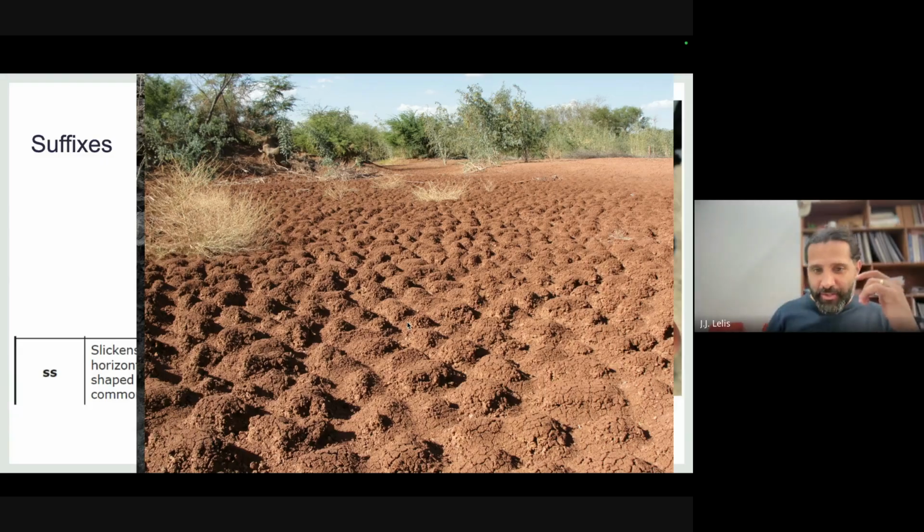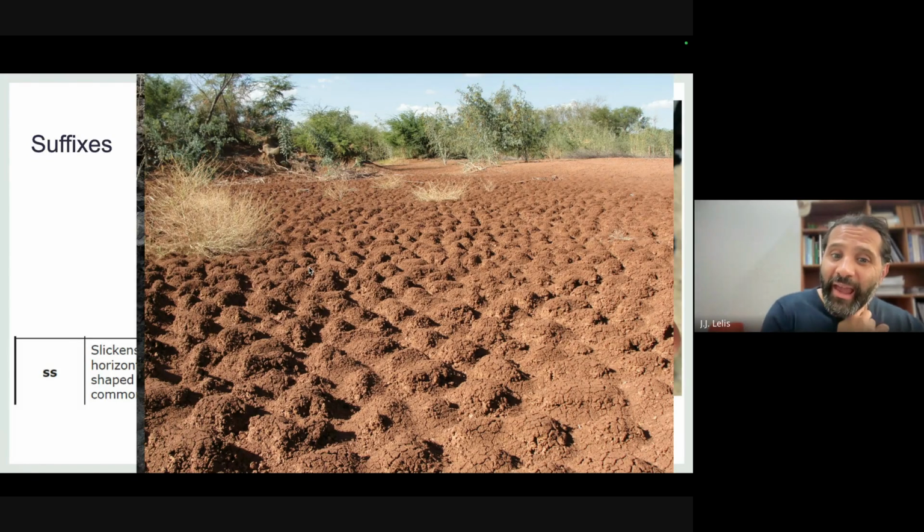This clay migration from the bottom to the top induced the formation of these hills, these mounds, okay? They are not related to biological activity. They are related only to physical properties of difference of temperature and difference of moisture between the deepest horizons and the surface, okay?